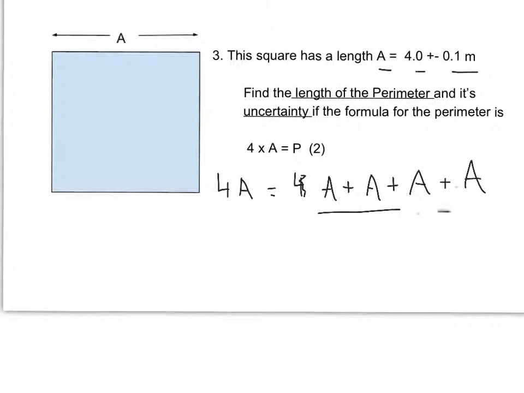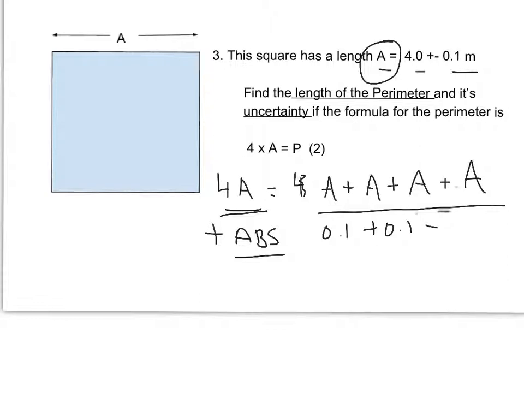This is an addition of uncertainty question, and the rule for the addition of uncertainties is that you add the absolute uncertainty of A. Now the absolute uncertainty is 0.1, so the uncertainty in total of 4 times A would be 0.1 plus 0.1 plus 0.1 plus 0.1, which gives you 0.4.